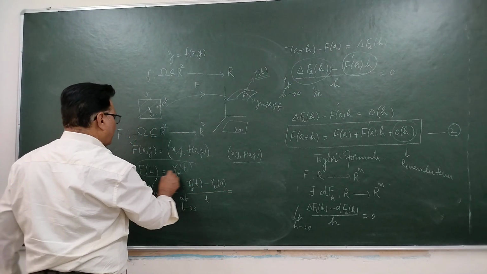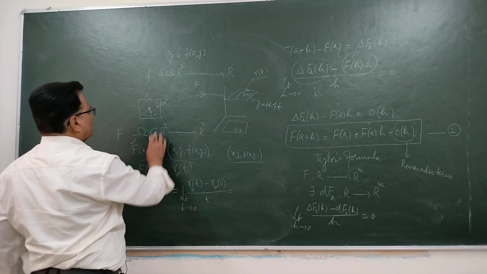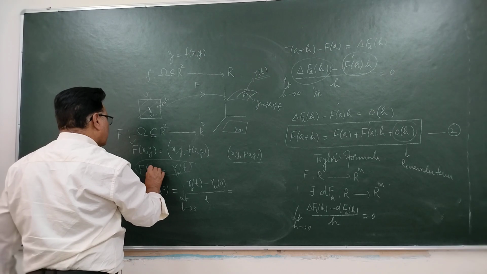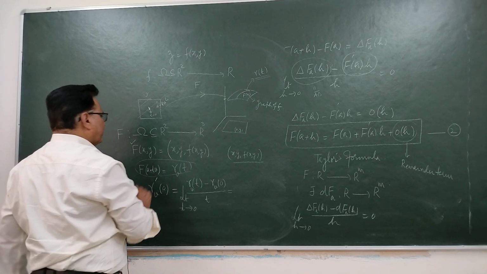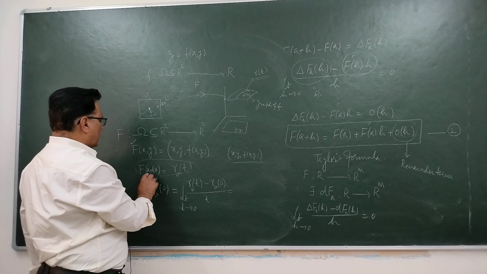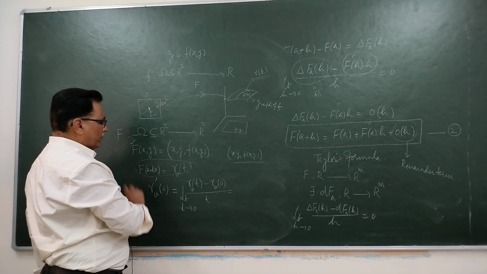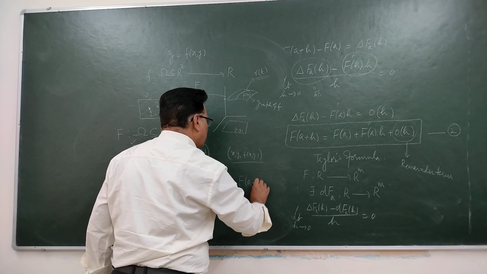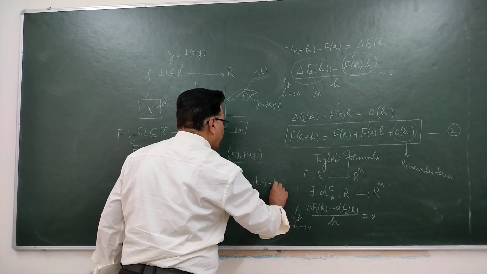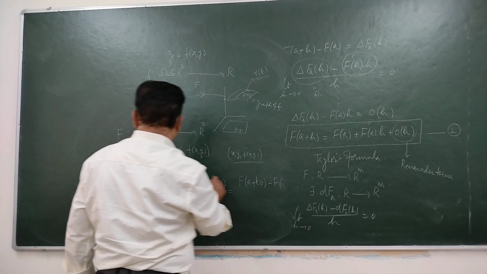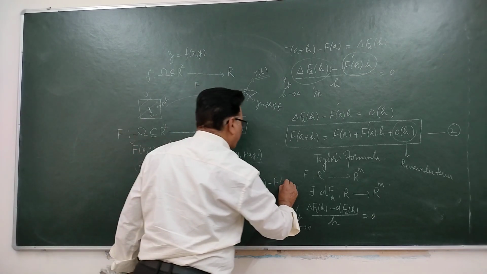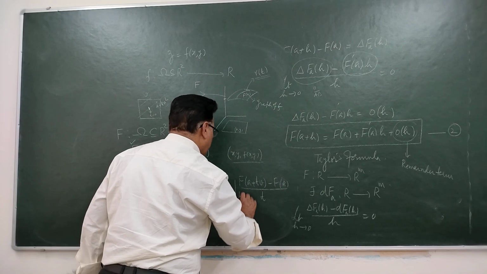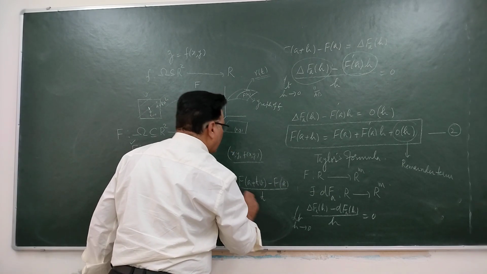Gamma_v(t) is f of L, and in place of L what will I write? a plus tv. I am identifying L with an arbitrary point of the line, a plus tv. So this is f of a plus tv, minus f of a, the value at t equal to 0, upon t, with the limit when t tends to 0.